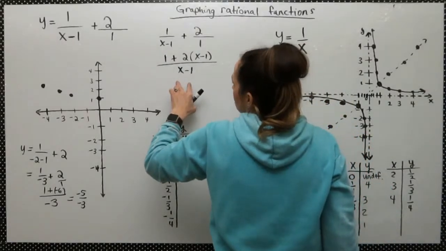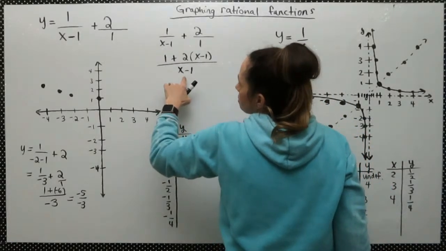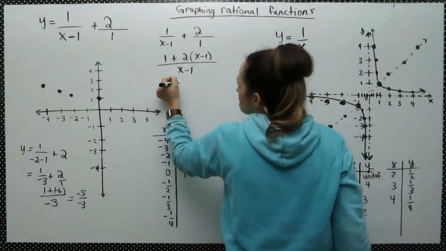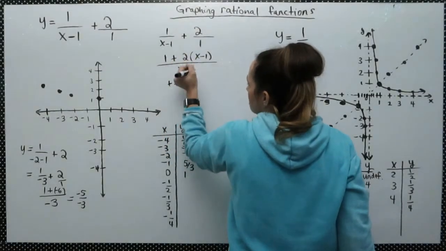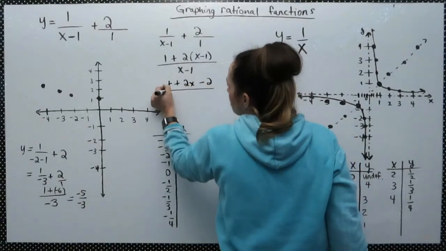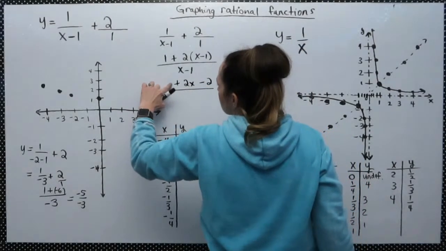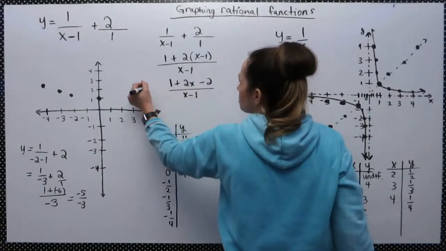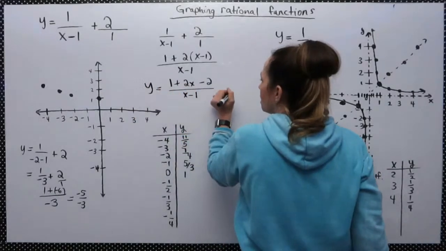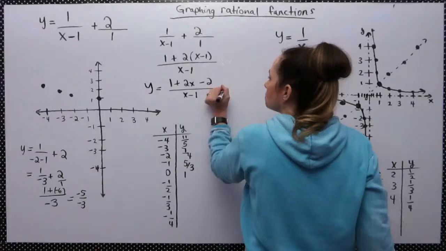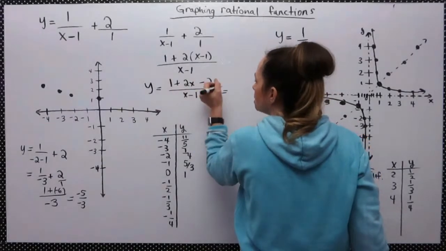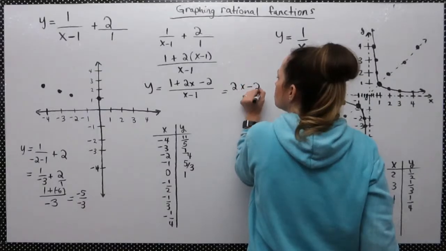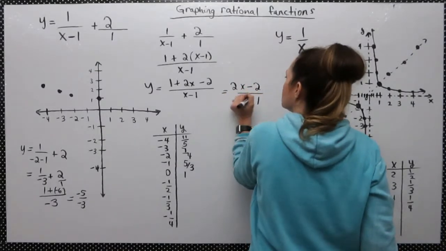So then this becomes 1 plus 2x minus 2 over x minus 1. So this is the real function that you're graphing. And this is going to be 2x minus 1 over x minus 1.